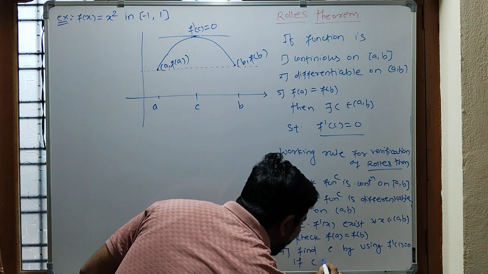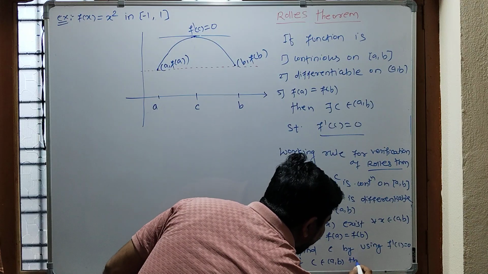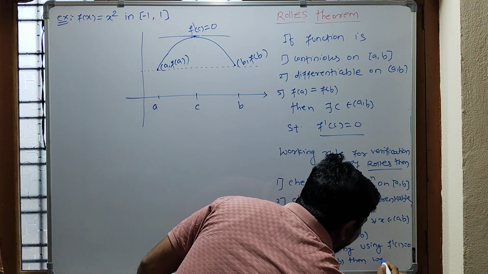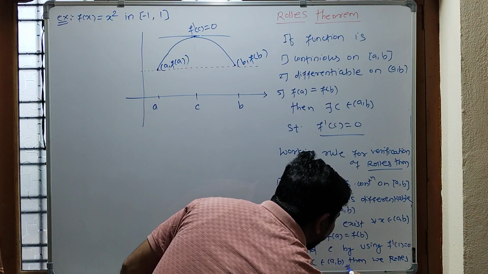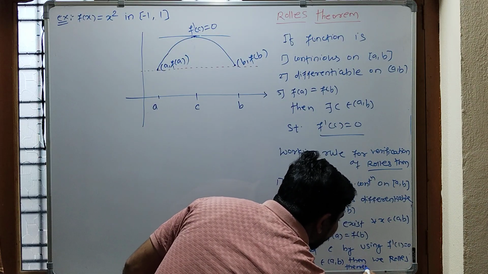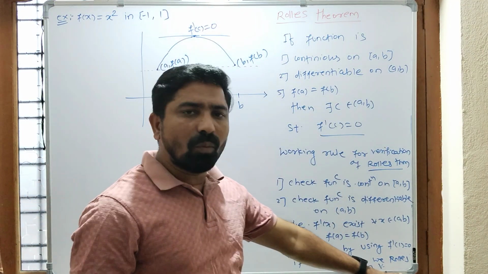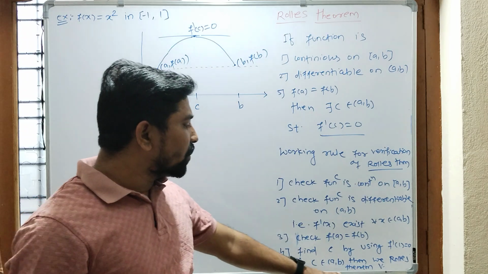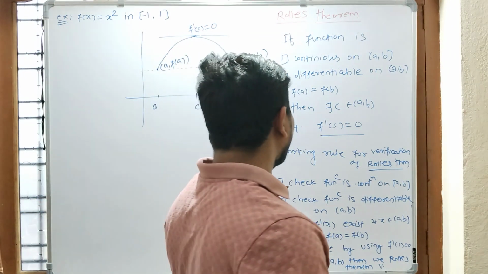If c belongs to the open interval (a, b), then we say Rolle's theorem is verified. If c does not belong to the open interval (a, b), then we say the function is not applicable for the verification of Rolle's theorem.